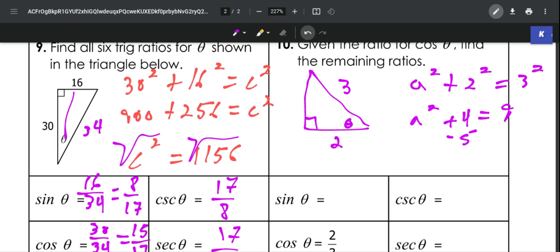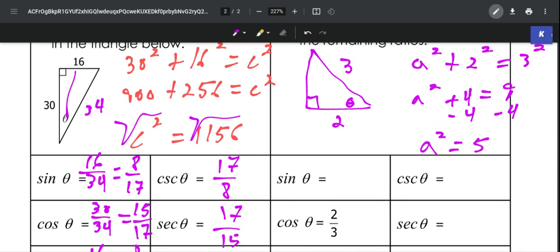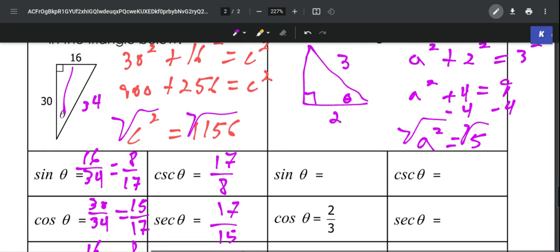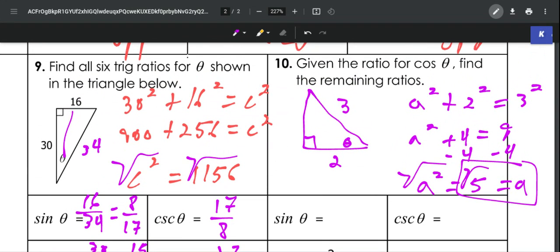We would subtract, I don't know why I said subtract 5 when we're subtracting 4. So we get a squared is equal to 5, which means a is equal to the square root of 5, because we take the square root of both sides. So our leg here is the square root of 5.